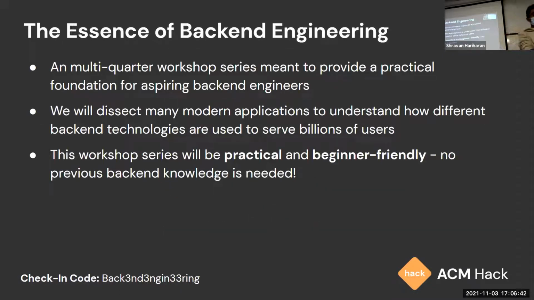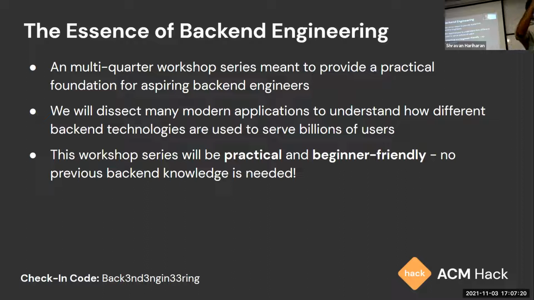As I briefly mentioned, the Essence of Backend Engineering is a workshop series meant to provide a practical foundation for backend engineers. What this means is we're going to be dissecting many modern applications to understand how backend is used: what are the tools, the programming languages, and the frameworks that are used to build backends that serve billions of users. We're going to be looking through Facebook, Amazon, and Robinhood's tech stacks, and understanding how they are structured and how we can use some of those technologies to build backends that are very scalable and ultimately well designed.